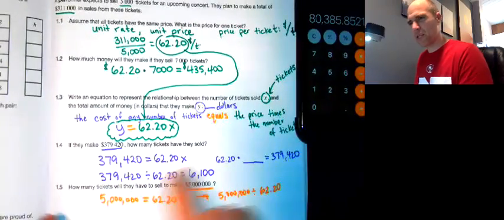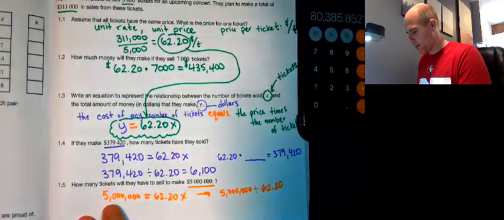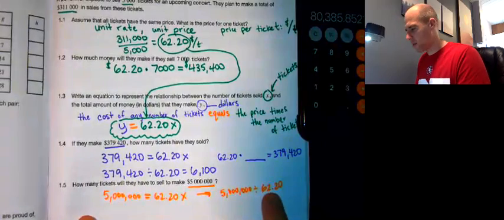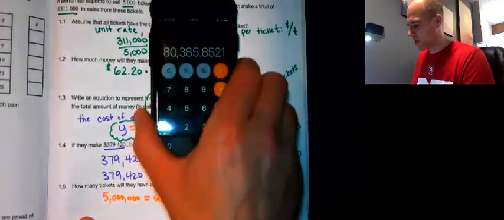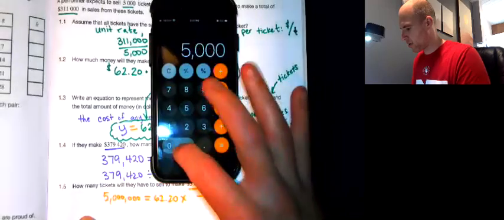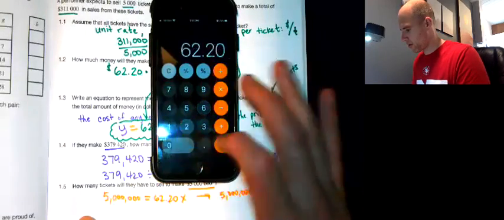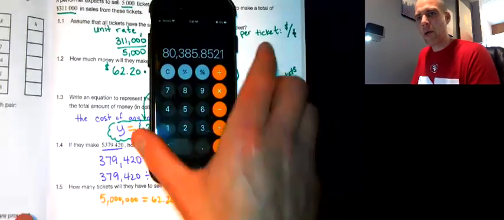So let me just double check what I did here. They said $5 million, yeah. I did 5 million divided by 6220. That all seems right. I'm going to punch the numbers in one more time. Same thing. All right, so I'm confident in my answer.